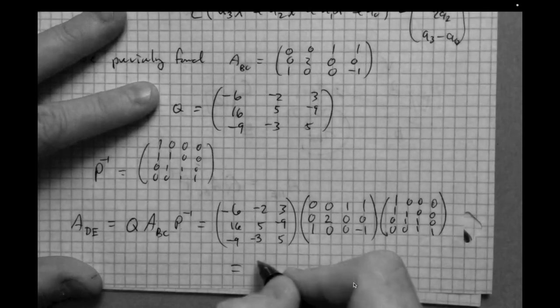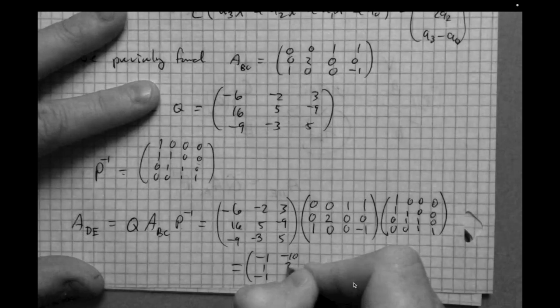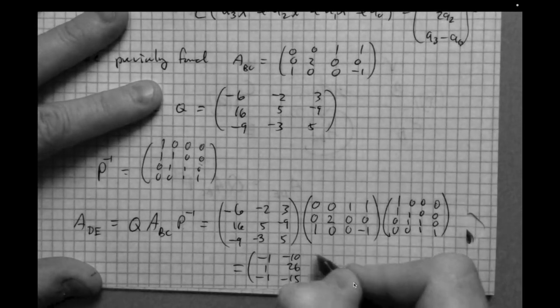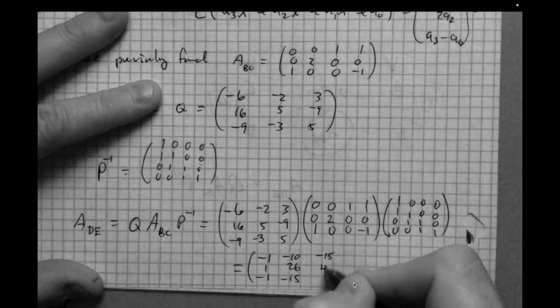And when you multiply all of those together, what do you get? You get negative 1, 1, negative 1, negative 10, 26, negative 15, negative 15, 41, negative 23, negative 9, 25, negative 14. Okay, so that's what you get when you multiply these together. And of course, if you look back at part A of the lecture, you'll see that this is the same matrix that we generated in that previous example.